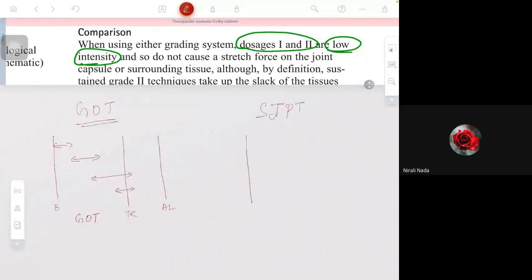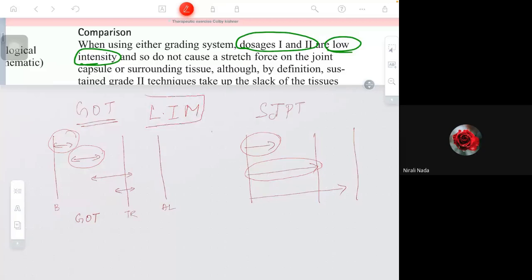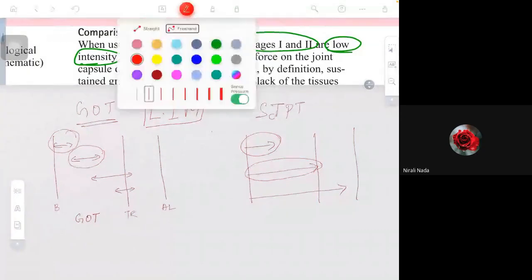Here, 1, 2, and 3. Now comparison. Comparison is 1 and 2 compared to 1 and 2. Both are called low intensity mobilization. Clear?